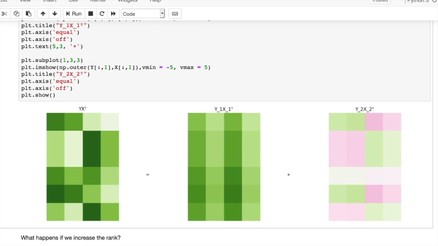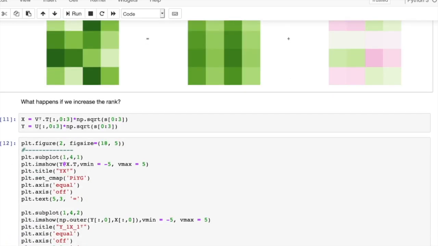And this is actually always the case, because the first outer product is multiplied with the first singular value, and the first singular value is larger than or equal to the second singular value. So we will always have the scheme that the first outer product is having rather high values, and the second and later outer products are not contributing so much towards the approximation of our data matrix.